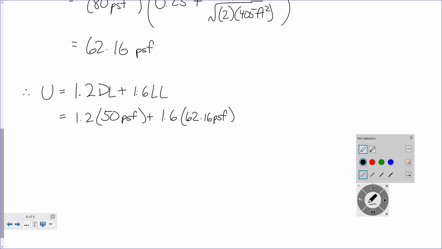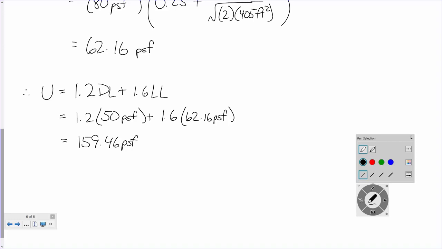That's 159.46. If you recall, you basically are supposed to cycle through each of these load combos and take the largest one. Now, what's going to be larger, that or 1.4 times 50? That. So there's no reason to check the others.